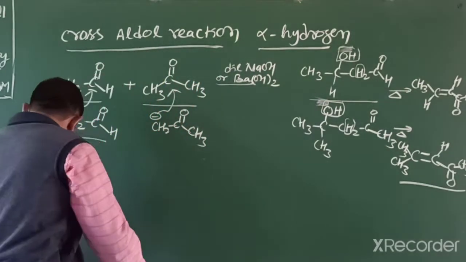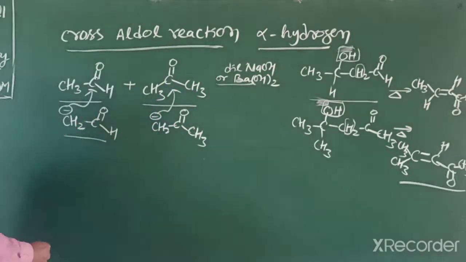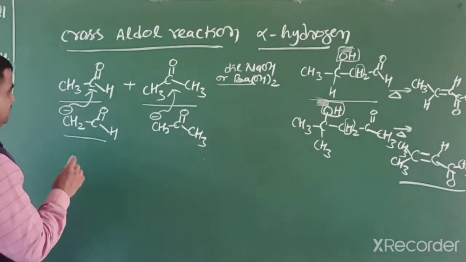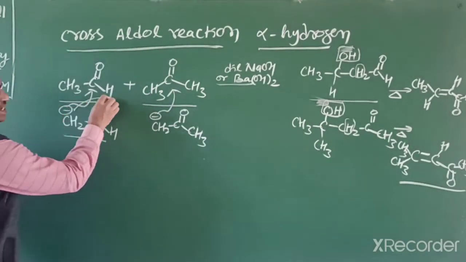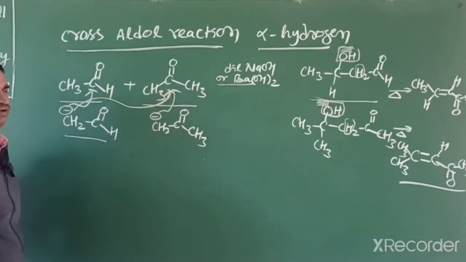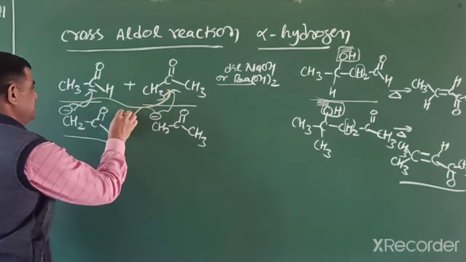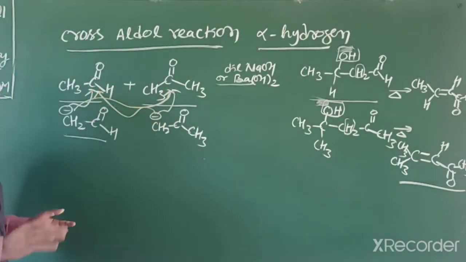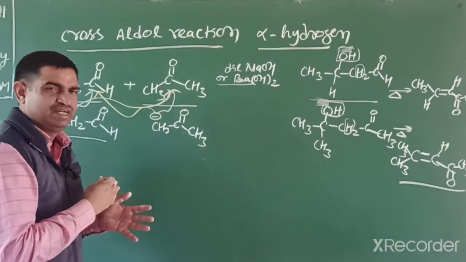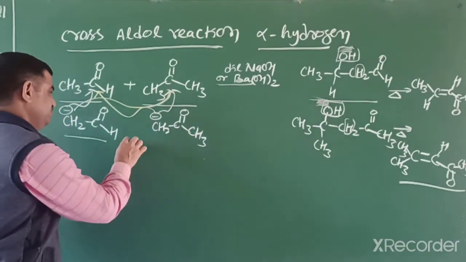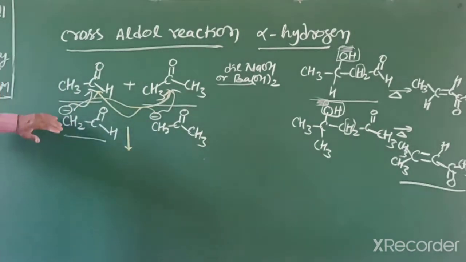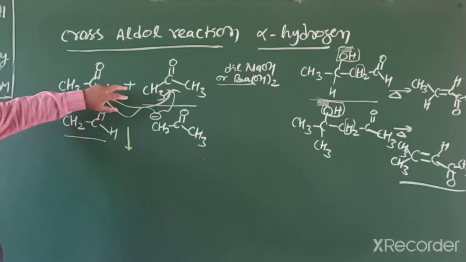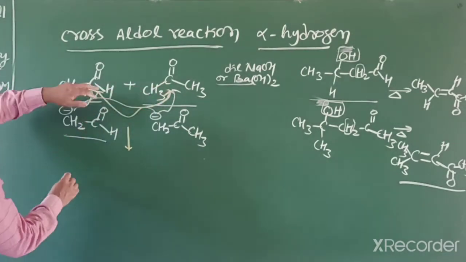But students, there is another possibility also, cross aldol. Means if this compound's carbanion attacks another molecule, or this carbanion attacks this molecule on the opposite side, then we get a different product. Suppose this carbanion attacks the ketone, then what happens?